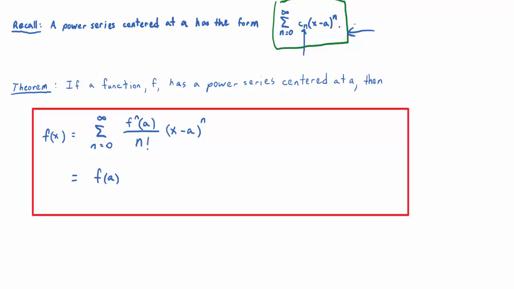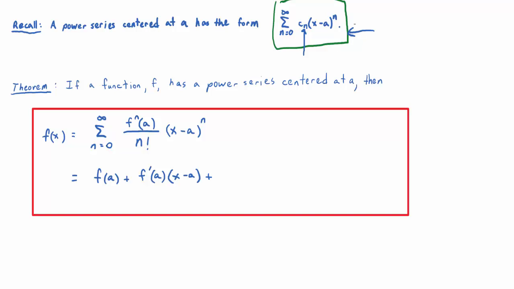And then x minus a to the 0 is 1. So you just get f of a for the first term. And then writing it out longhand, next you plug in n equals 1, which means you're taking the first derivative, we'll call it f prime here, evaluated at a, divided by 1 factorial, that's just 1, times x minus a to the 1 power. That would be the second term.